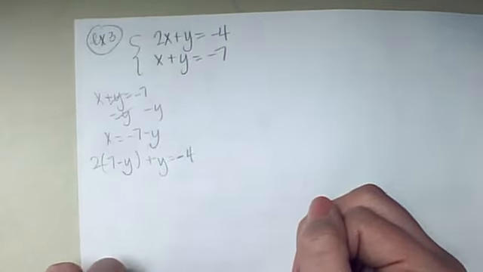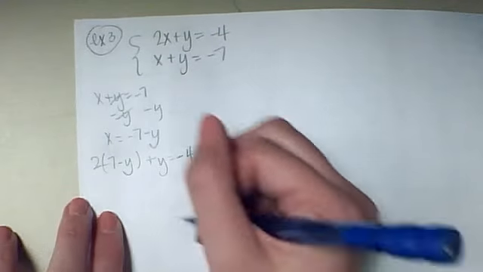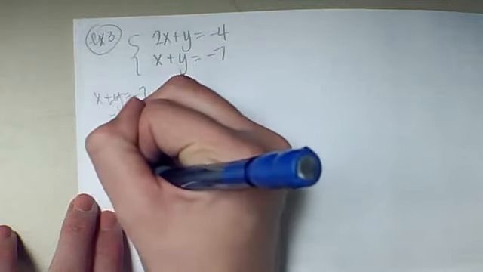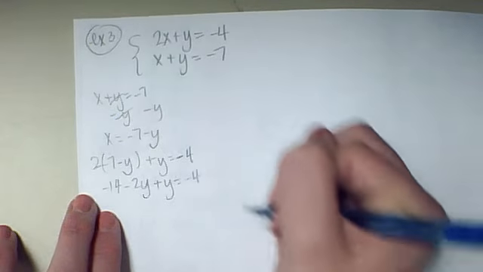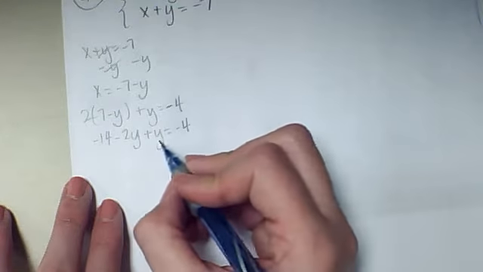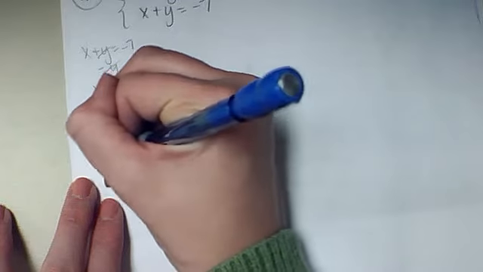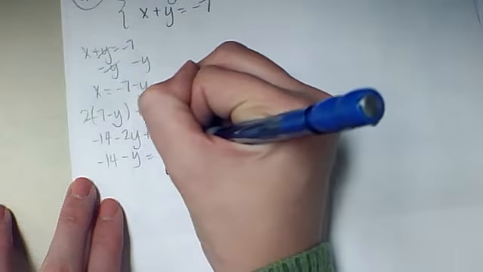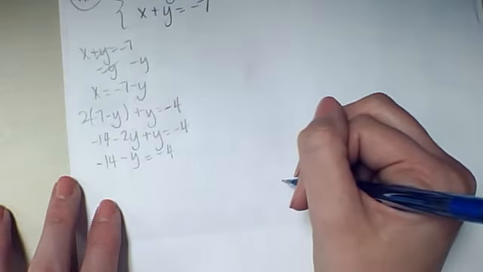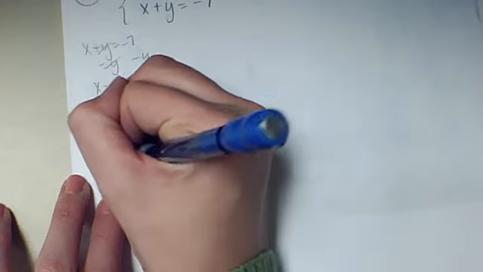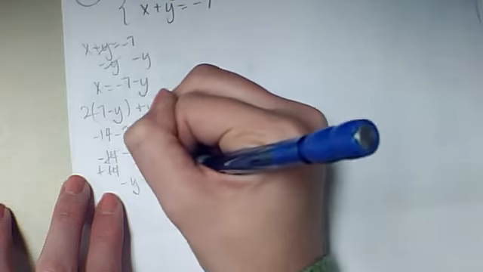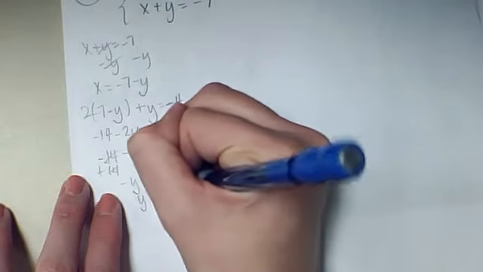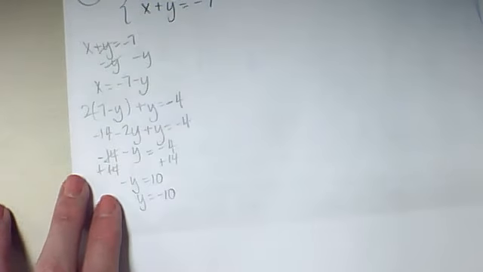This time I'm solving for y, so I have to distribute and combine my like terms. 2 times negative 7 is negative 14, minus 2y plus y equals negative 4. Negative 2y and y make negative y. I'm going to get y by itself by adding 14. Negative y equals 10, and y equals negative 10. Remember, I can just flip that sign over.